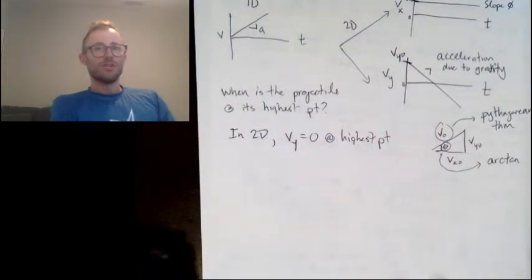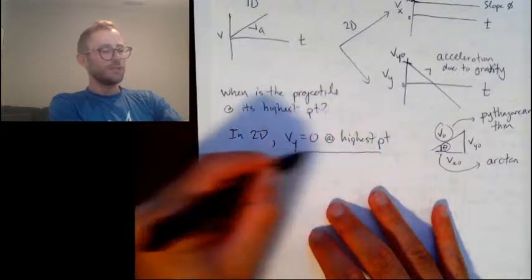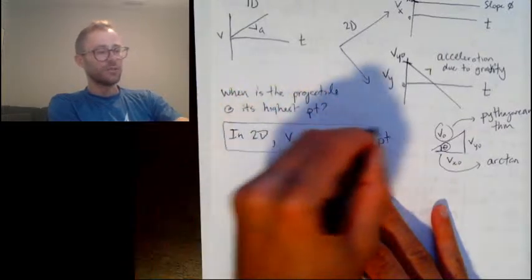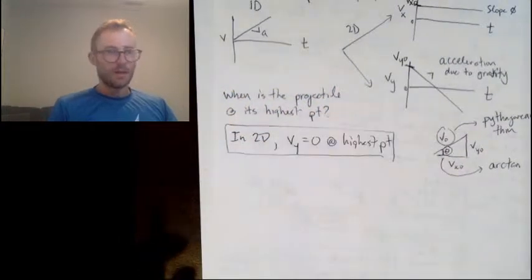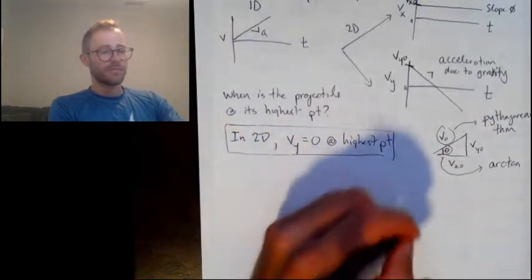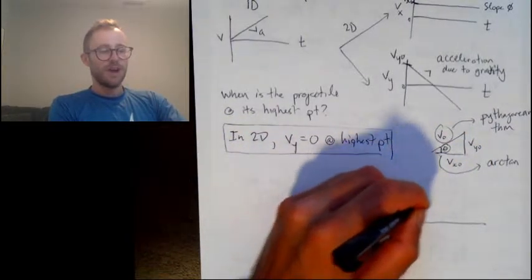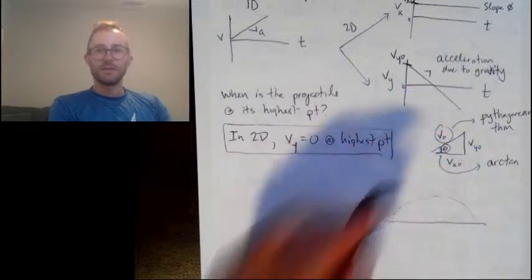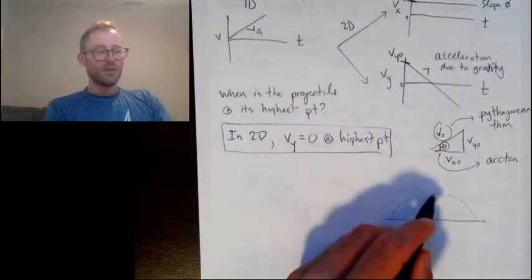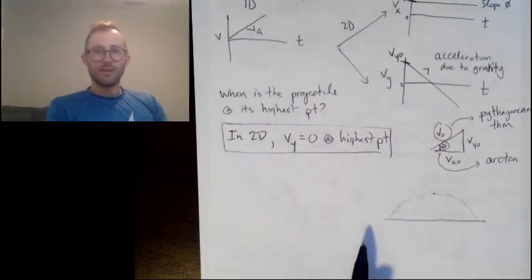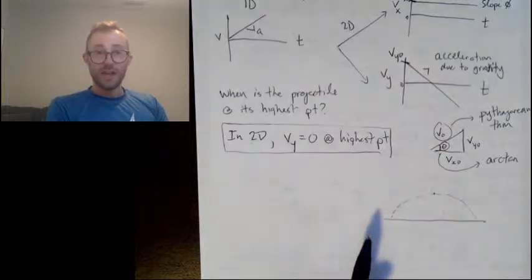Okay? So this is a slight difference from one-dimensional motion. Why is that? Well, if you are in an arc, and you are at your highest point in the arc, what would it mean if your velocity was 0 at the highest point, both x and y velocity?